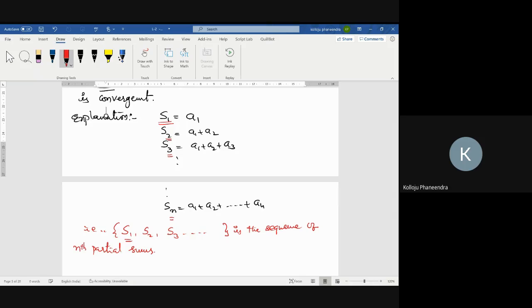First partial sum, second partial sum, third partial sum, and so on. The terms of this sequence are partial sums; therefore, this is named the sequence of nth partial sums.